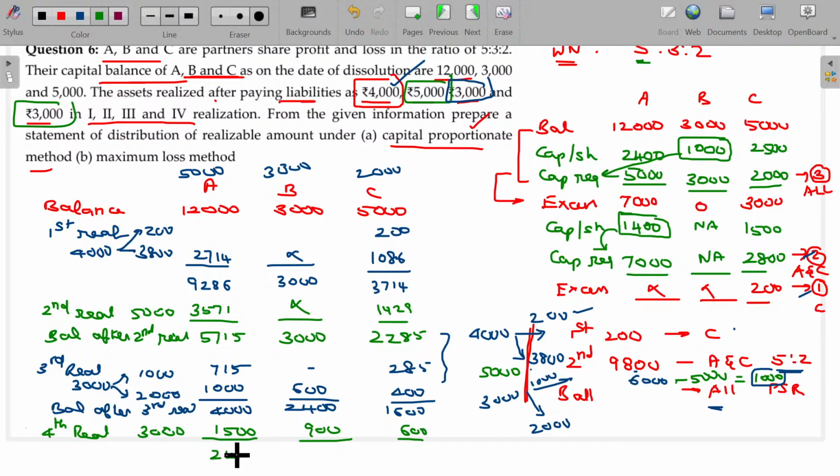Balance being 2,500, 1,500, 1,000. The company will have no more assets to be realized. Then it will be named as deficiency. Deficiency. Clear? Hope now you will be able to understand capital proportionate method.